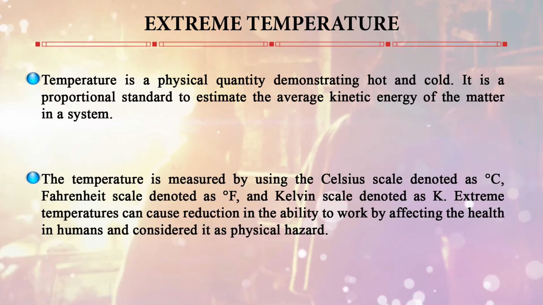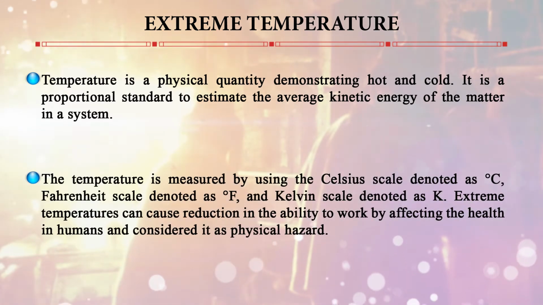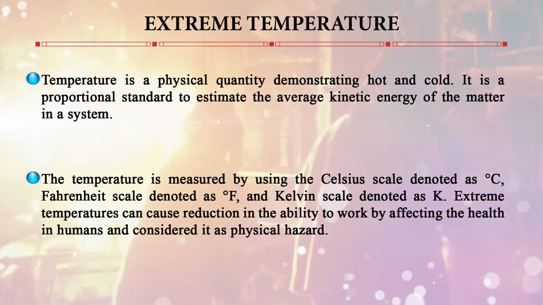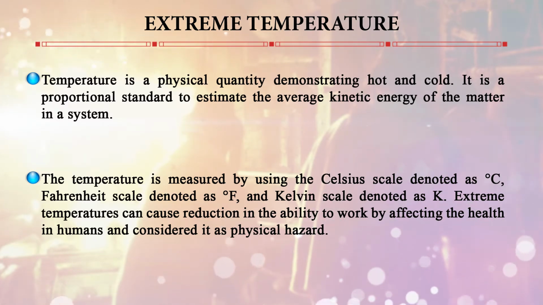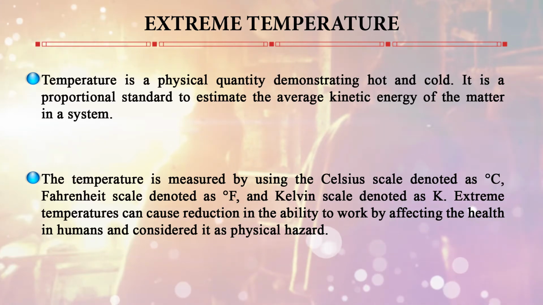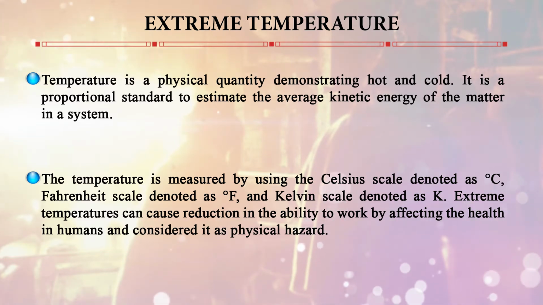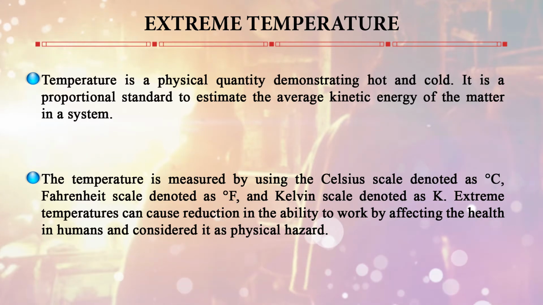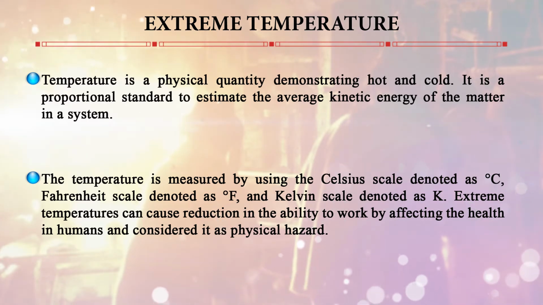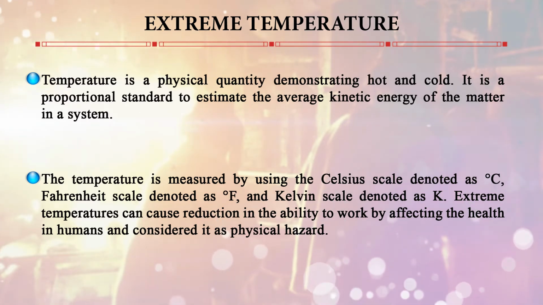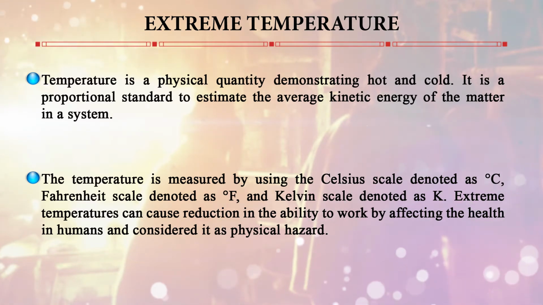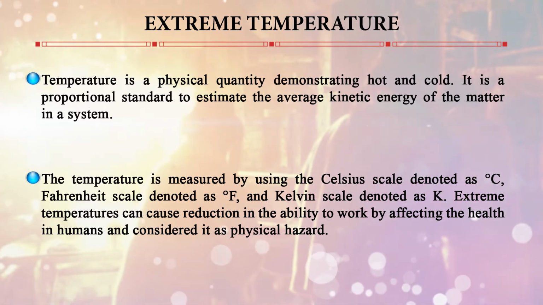Temperature is measured using the Celsius scale, symbolized as C, the Fahrenheit scale, denoted as F, and the Kelvin scale, denoted as K. Extreme temperatures can reduce the ability to work by affecting human health, and are therefore considered physical hazards.